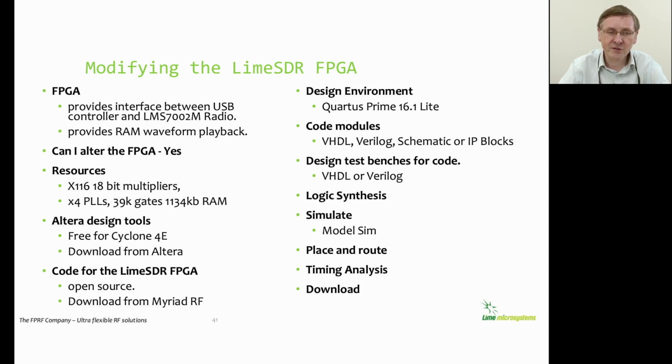The FPGA has a number of resources, including 116 18-bit multipliers, 4 PLLs, about 39,000 gates, and about 1 megabyte of RAM. You can get the Altera design tools for the Cyclone 4E from the internet, and you can get the code for the LimeSDR interface from the Myriad-RF webpage.